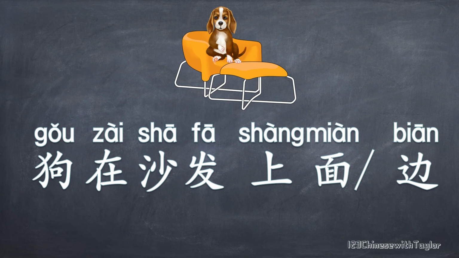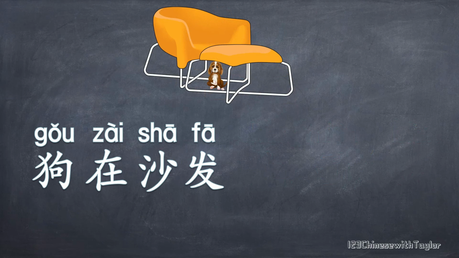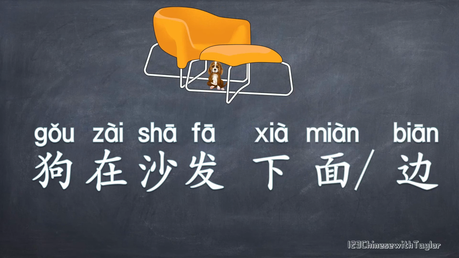When you say the sentences, you should start slow and gradually speed up. So this would be my normal speaking speed. 狗在沙发上面，狗在沙发上边. Alright, let's look at this picture. The dog now is under the sofa. Under or down is 下面，下边. 狗在沙发下面，狗在沙发下边.